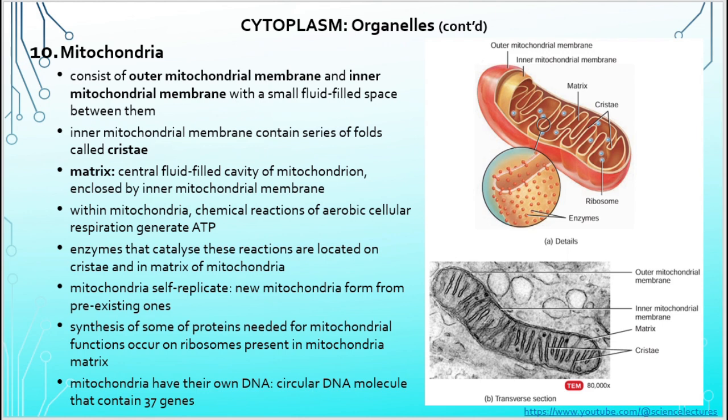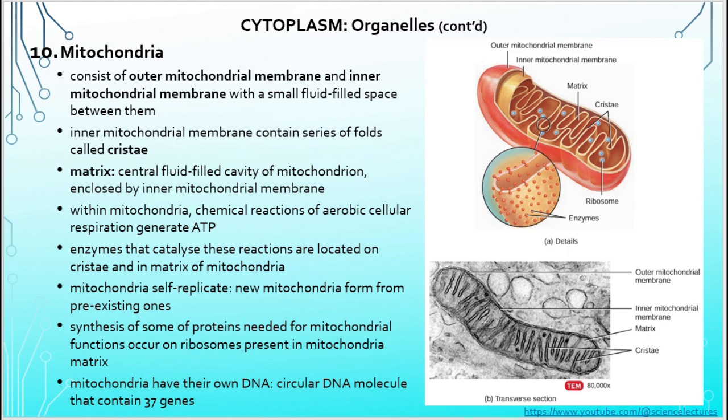Another cell organelle, the mitochondrion, consists of an outer mitochondrial membrane and an inner mitochondrial membrane with a small fluid-filled space between them. Both membranes are similar in structure to the plasma membrane. The inner mitochondrial membrane contains a series of folds called cristae.